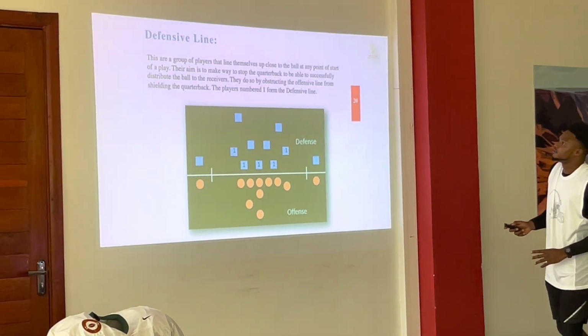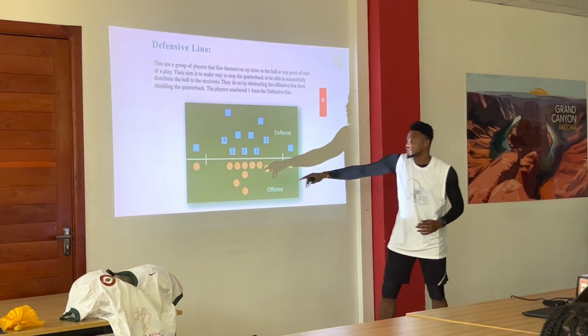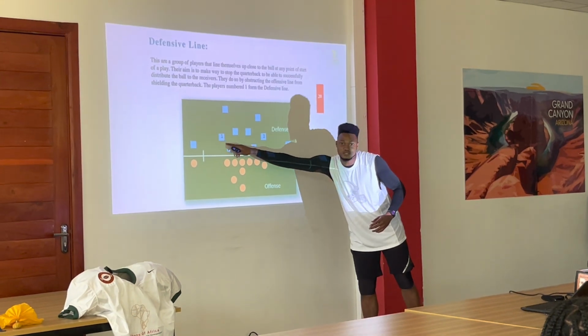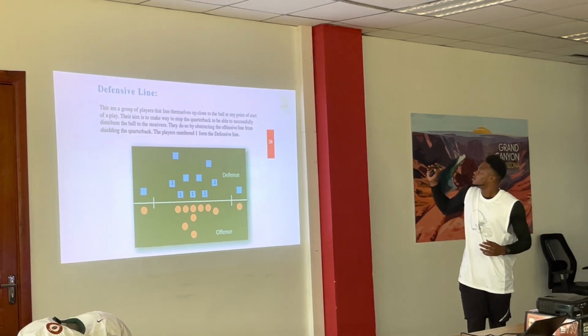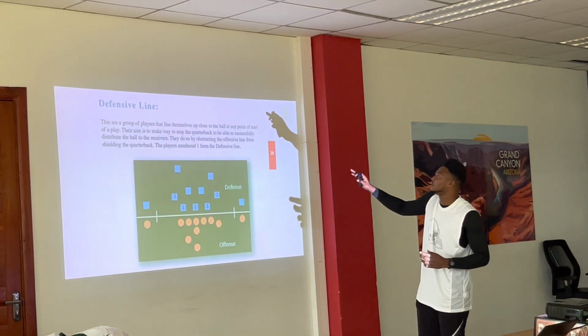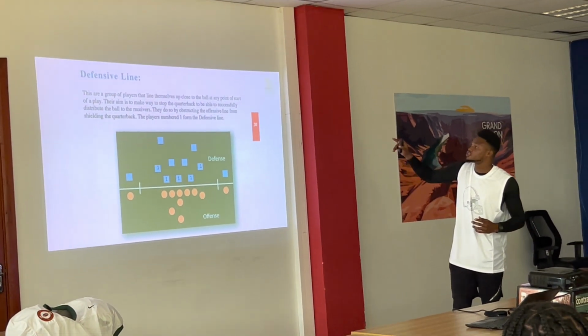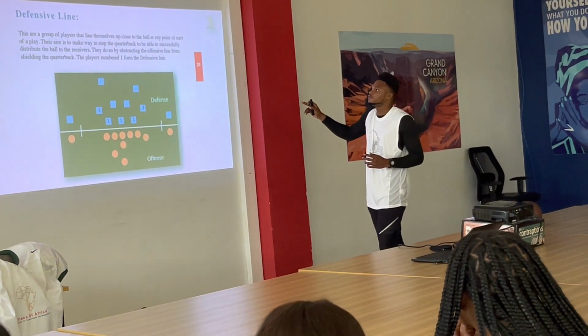Let's go to the defensive line. Like I told you, just like we have the offensive line, we do have the defensive line. They align themselves, and their aim is to make way to stop the quarterback from successfully distributing the ball to the receivers.